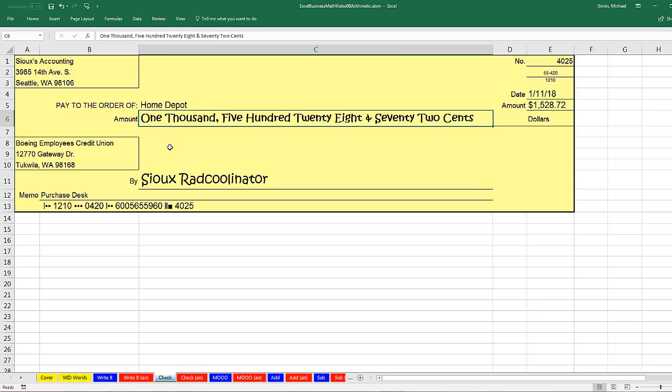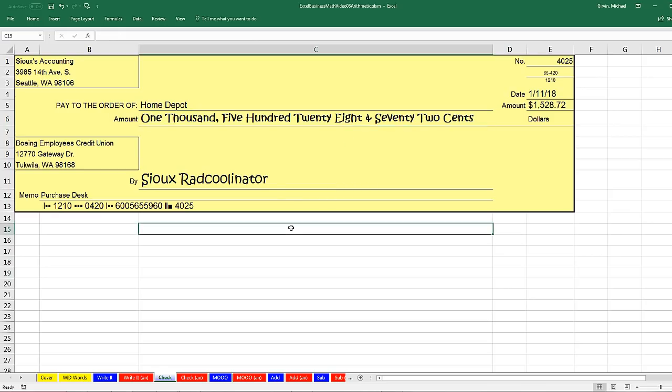So what happened? Later, I got a $1,000 bill from the company I'd written the check to, and I couldn't believe it. And sure enough, I went back and looked at my check, and I had written the incorrect words here. So you got to be careful when it gets to checks and writing out the words.